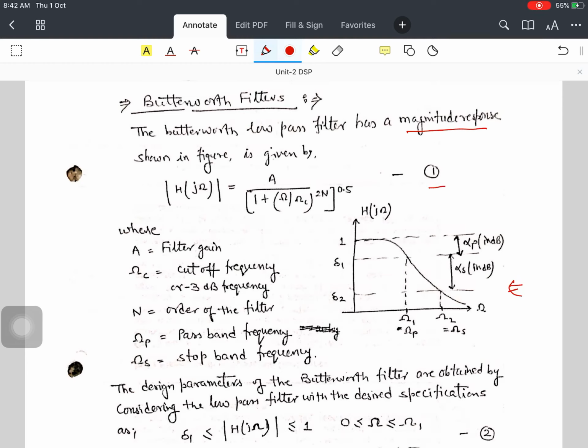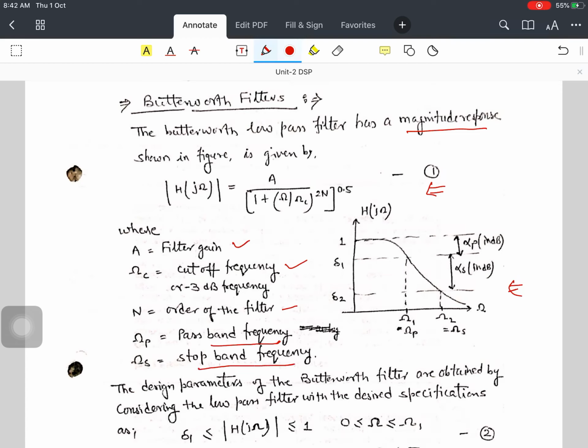The magnitude response is given by |H(jΩ)| equal to A upon [1 plus (Ω upon Ωc) to the power 2N] whole power 0.5, or 1 by 2. Where A is your filter gain, Ωc is the 3 dB cutoff frequency, N is the order of the filter, Ωp is the pass band frequency, and Ωs is the stop band frequency.